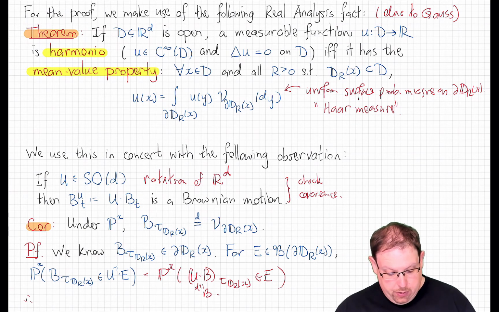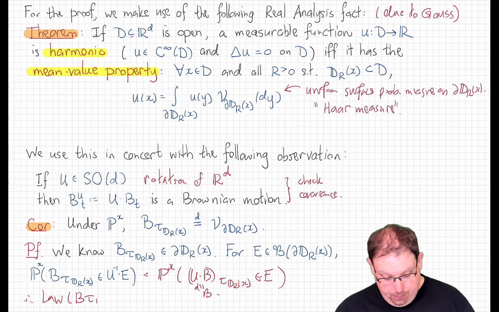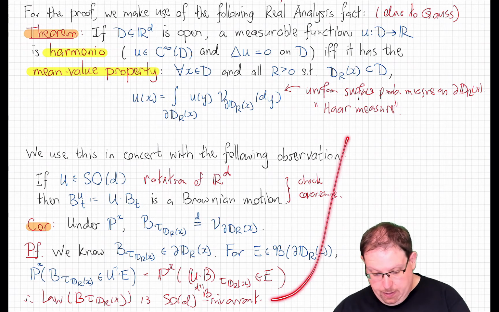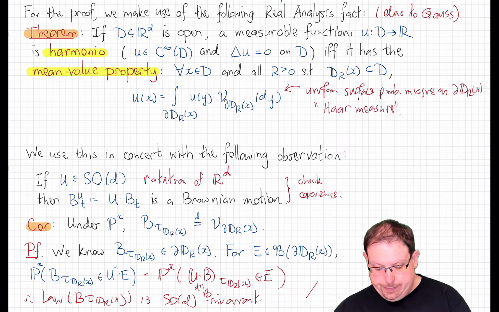And so that shows us that the law of the original Brownian motion's exit point from the disk is invariant under rotations, which means that it must be the Haar measure.